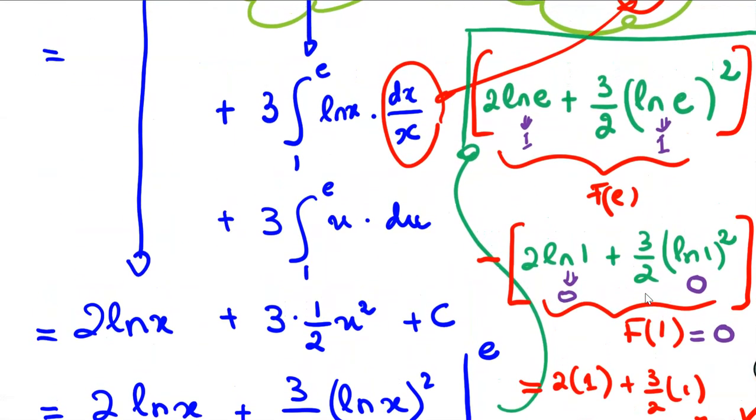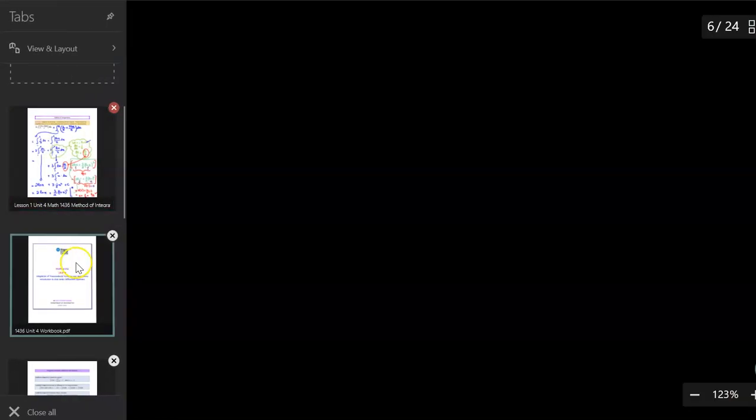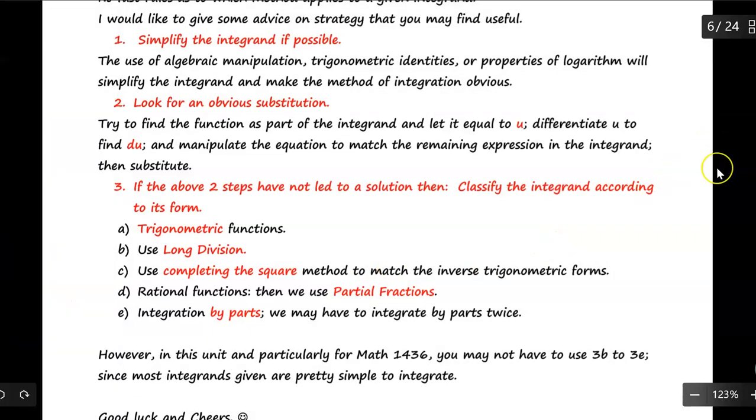So again, I just want to remind everyone the strategy of integration. Whenever you integrate, you really need to simplify the integrand if possible. That means you use algebraic manipulation, trigonometric identities, properties of logarithm, and simplify the integrand and make the method of integration obvious.